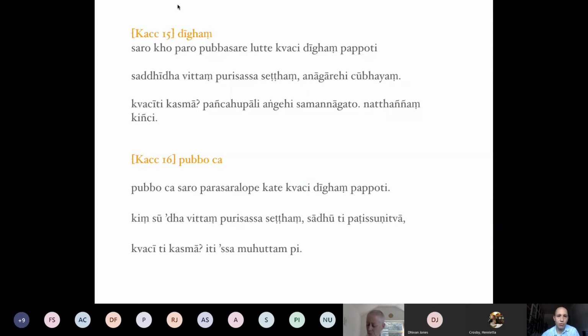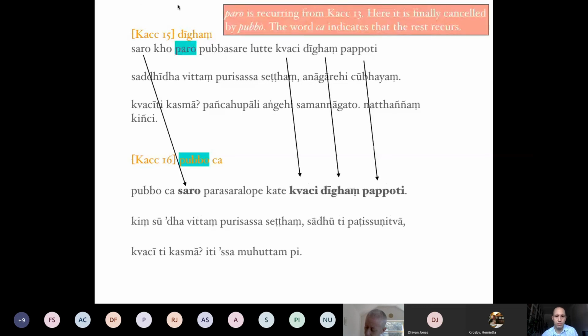Now we have seen how Digam works, we go back to 15, we continue our reading. 15 was clear, everything goes by Anubhuti except Asavan Nam. And now we have Pubocha. So from the Vutti of Kaccāyana 15, you can see that this nominative Pubo is actually replacing the Paro. So the opposition is between whether the rule applies to the previous vowel or to the following vowel.